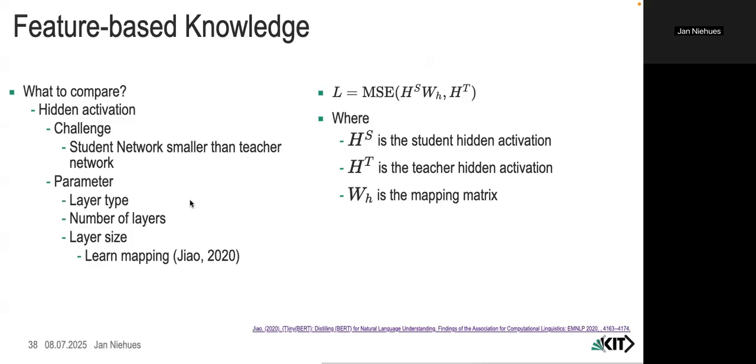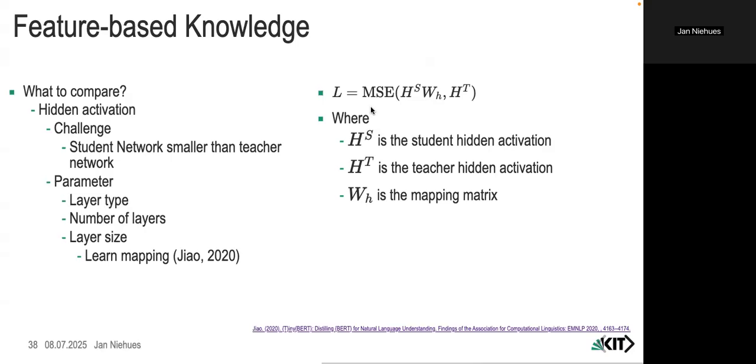So what you can do is you take your hidden size of the student here, HC, you map it into a larger size of the teacher, and there you take, of course, a simple network. You don't want to have a lot of calculation there. You're just ensuring that things are a bit more compressed, and then you're comparing it to the hidden size of the teacher network, and these two should be as similar as possible.